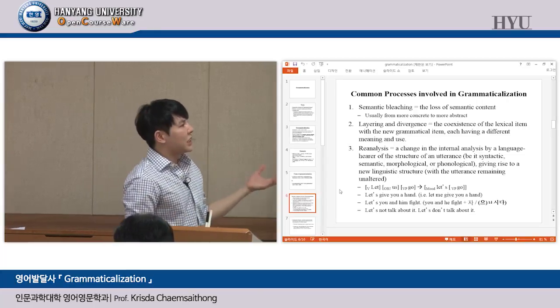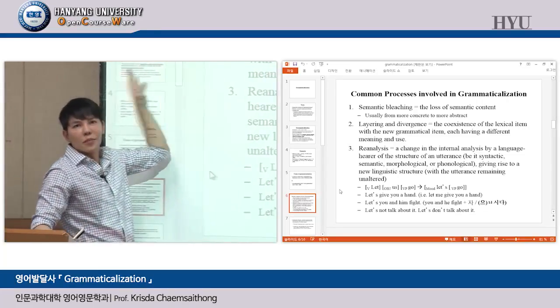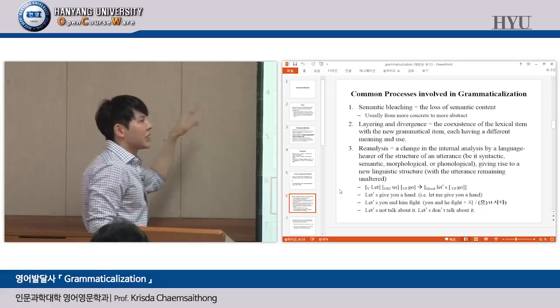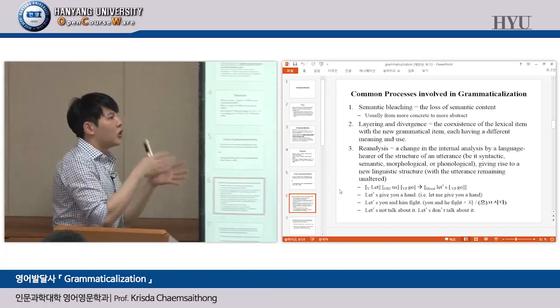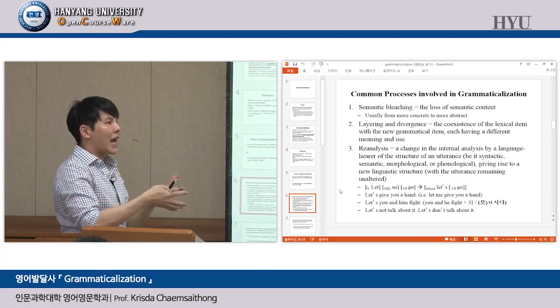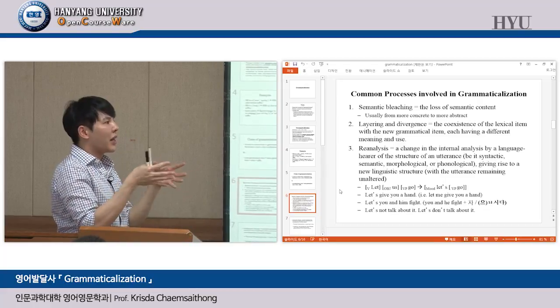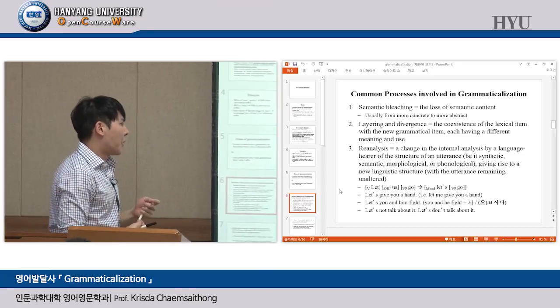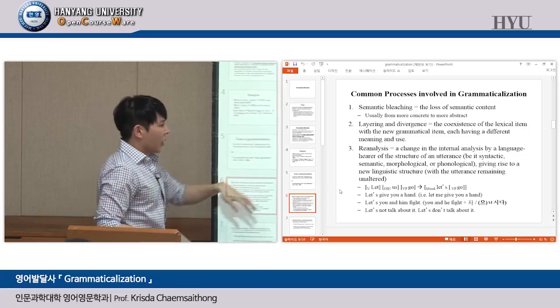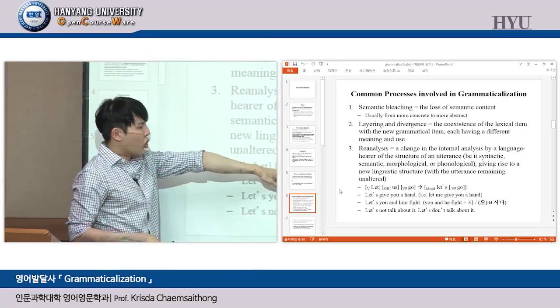Reanalysis, you remember, from perhaps the first or the second week of class. So speakers reanalyze, right? Speakers analyze the construction, the grammatical pattern, differently. Let us go.